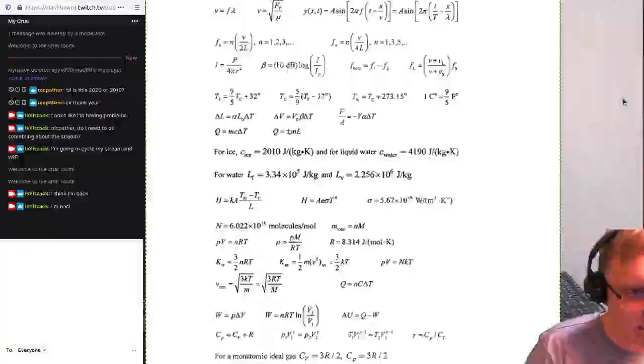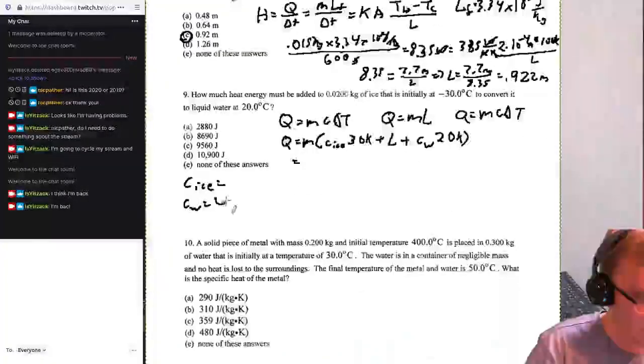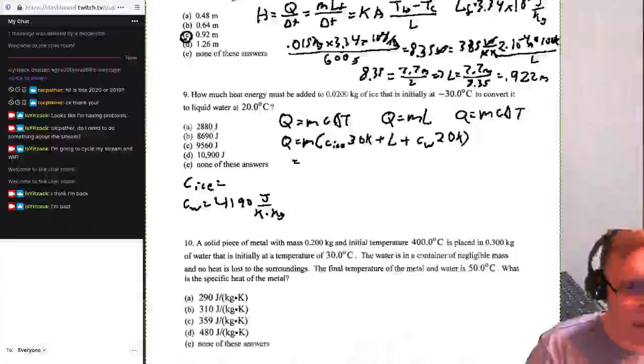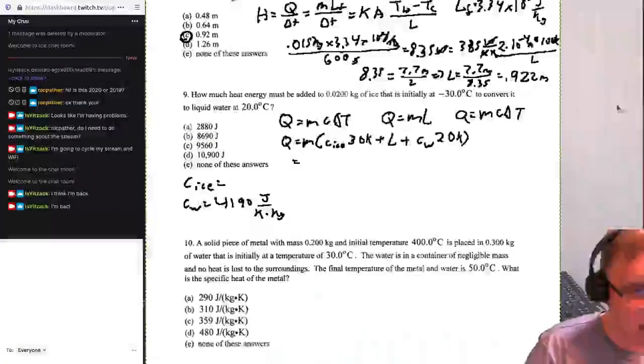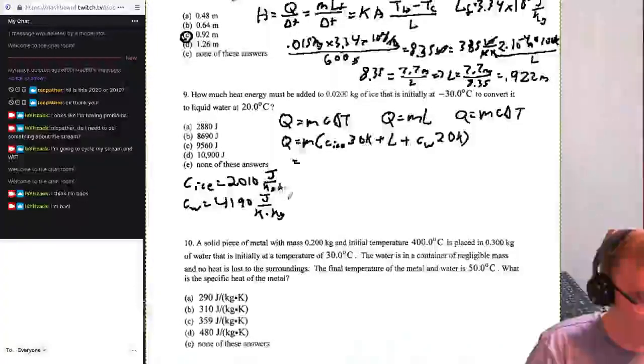Water is 4190 joules per kilogram Kelvin, and ice is 2010 joules per kilogram Kelvin.